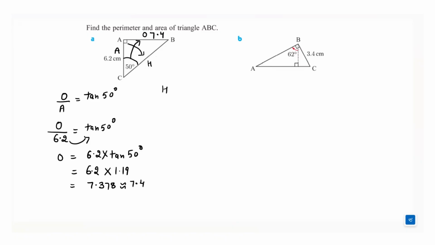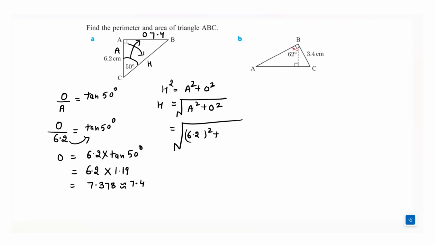For that, we will use the Pythagoras theorem, which says H square is equals to A square plus O square. Now we will put the values here. In place of A, we will write down the value of A, and in place of O, we will write down the value of O. So A is 6.2, we'll write down 6.2 square, plus O is 7.4, we will write down here 7.4 whole square.